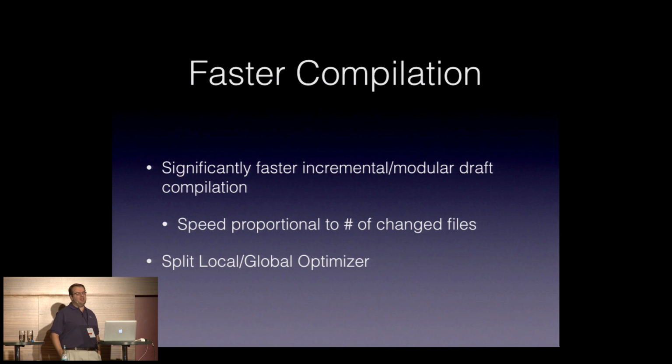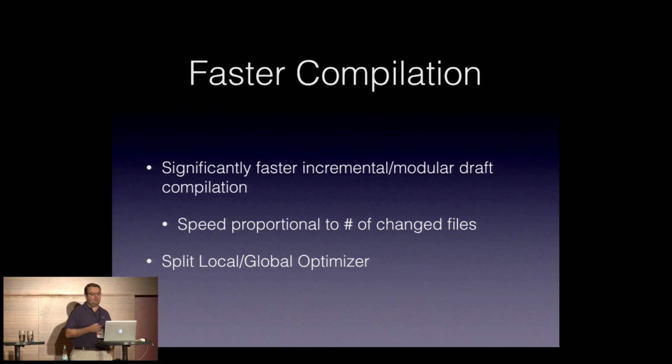But I know the thing that's irritating you guys most, we hear this internally, we hear it in the surveys, we hear it everywhere, is the compile time. You must have faster compile time. It's a serious drain on your productivity to edit code and then wait minutes to see the result.